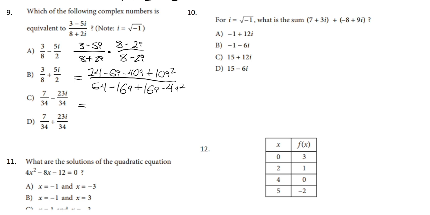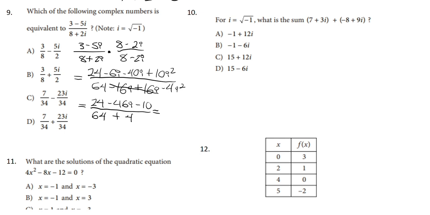We're going to combine like terms and turn the i squared into negative 1. That's going to give us 24 minus 46i minus 10 all over 64. Negative 16i plus 16i, those two cancel. And then we're going to have plus 4. Negative 4 times negative 1 gives us positive 4.